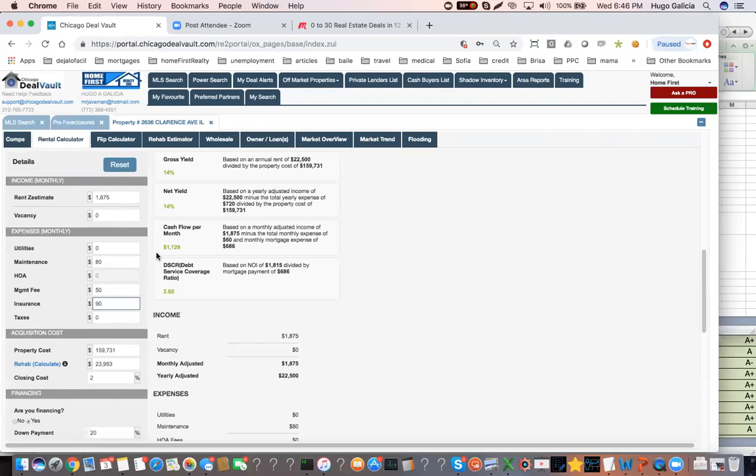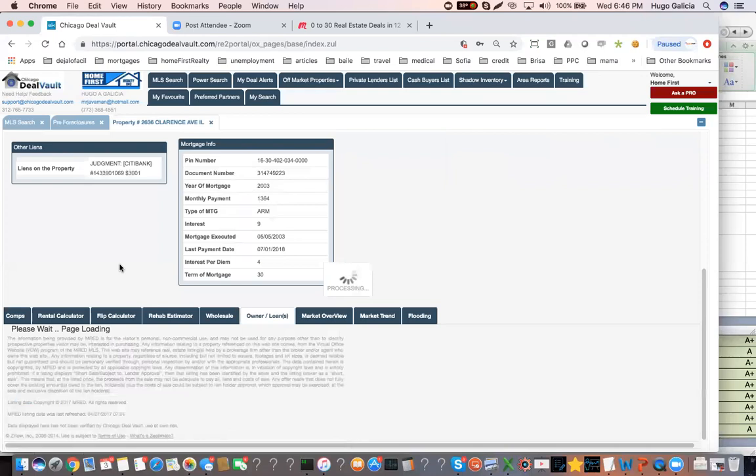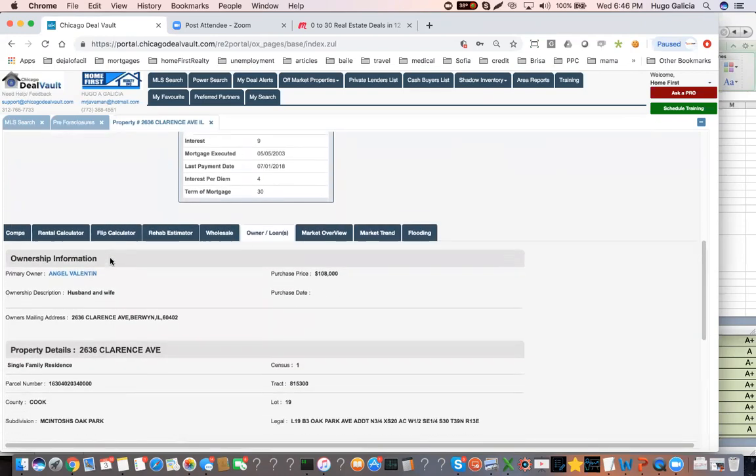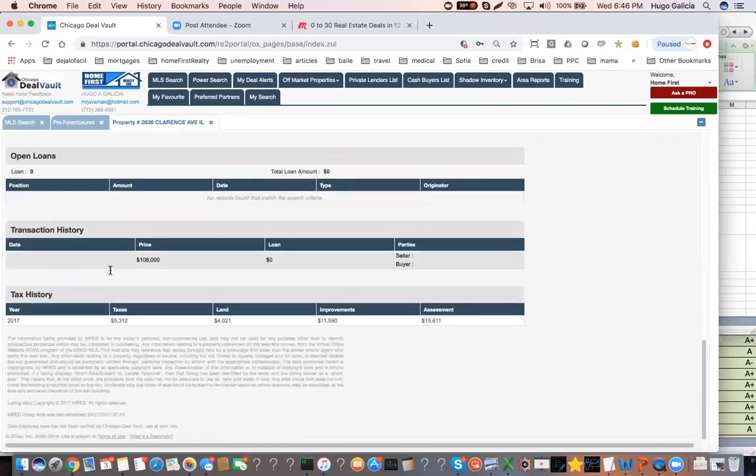And then the taxes. So for the taxes, what I will do is I'm going to click on owner loans. That's where we pull the public records from. This is going to give you the transaction history, mortgage history, and most importantly, taxes for any off-market property. So at this point, I will scroll down and then look up the taxes.